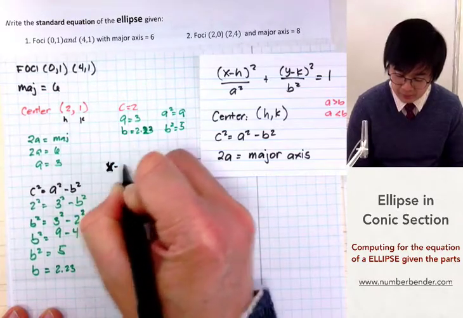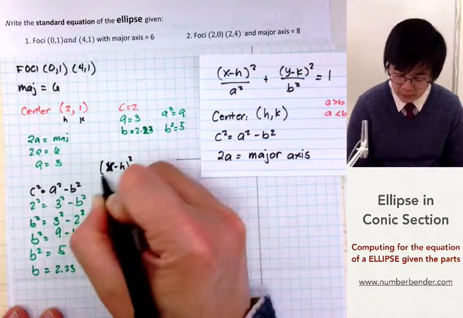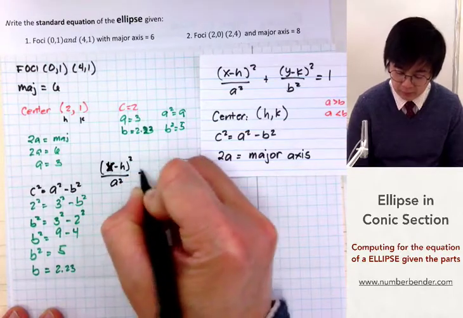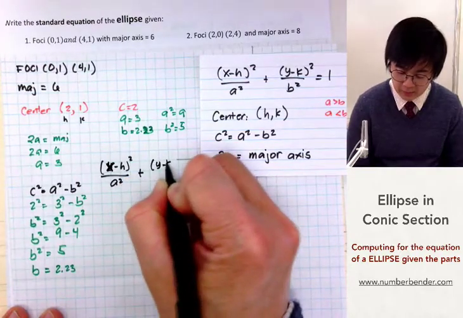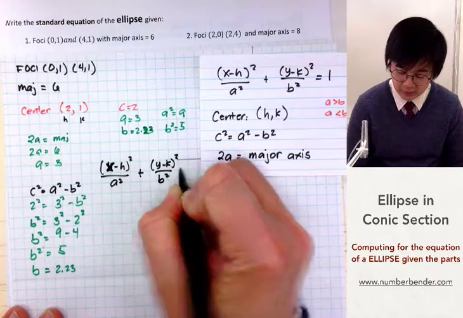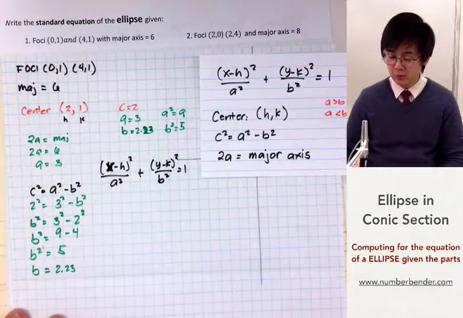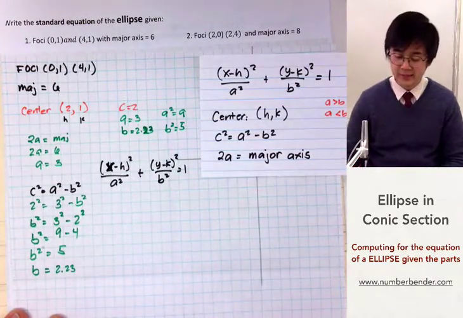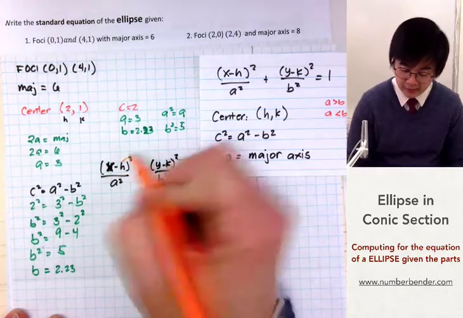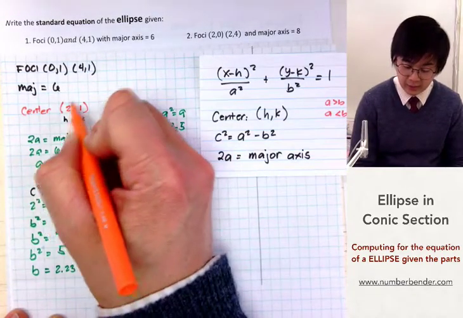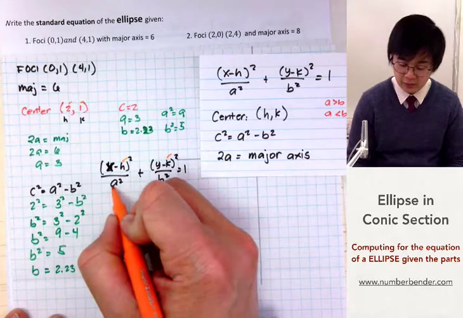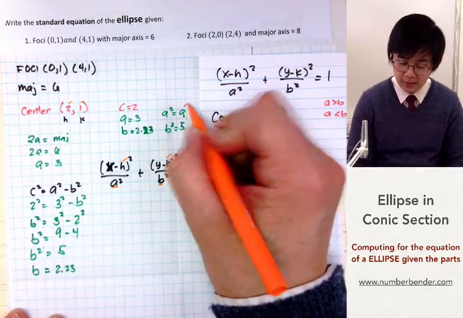(x minus h) squared all over a squared plus (y minus k) squared all over b squared is equal to 1 will be the formula that we're going to be writing. And we are replacing h and k with the center values, and a squared and b squared by 9 and 5.